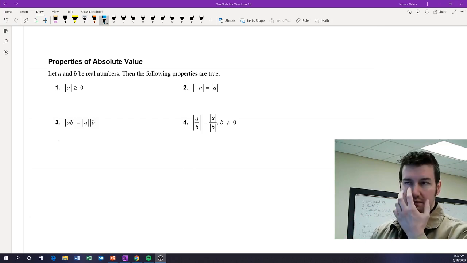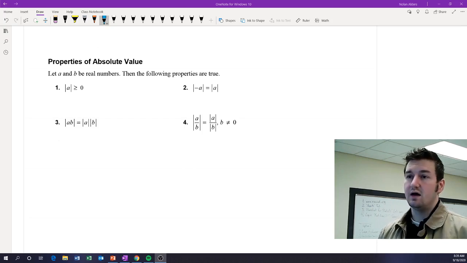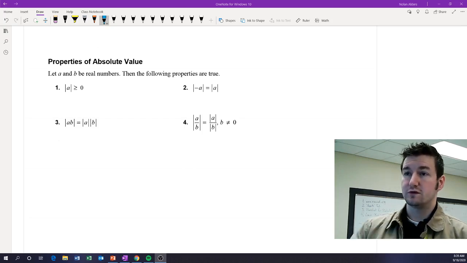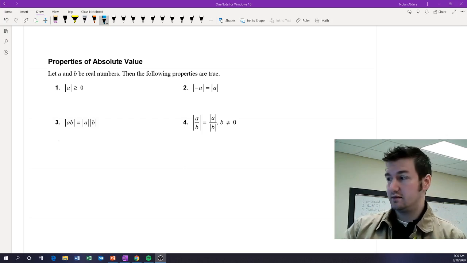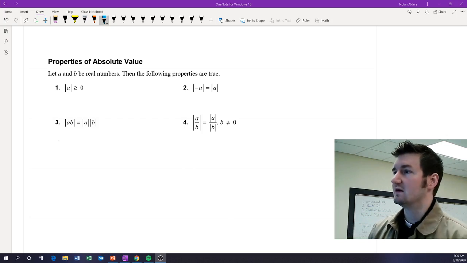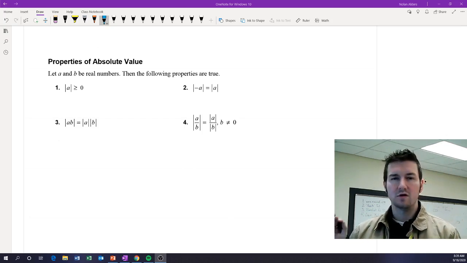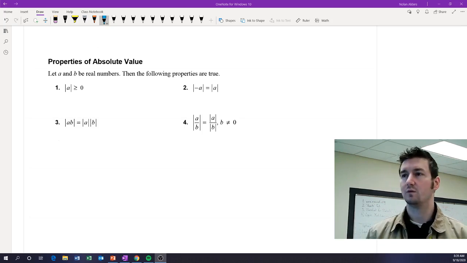First of all, let's talk about some of the properties of absolute value. First of all, that A and B in all of our examples here have to be real numbers. Okay, no imaginary numbers going on here. But these properties hold true all the time with absolute value.